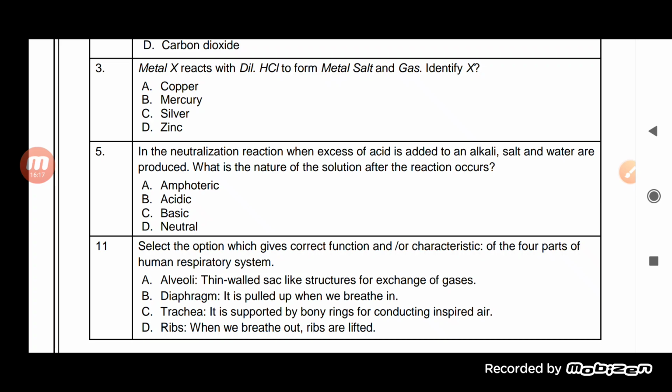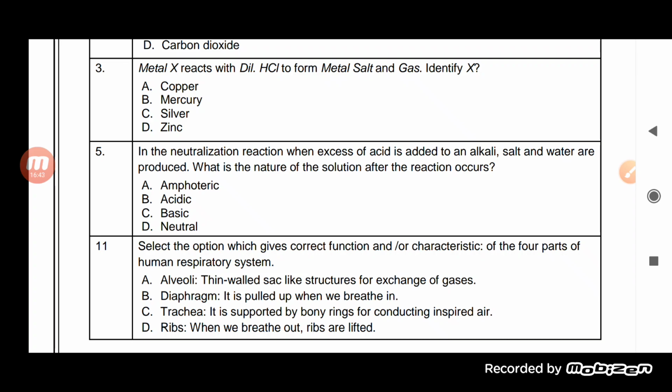You know, students, even in the neutralization reaction, we have seen that when a strong acid reacts with a weak base, there is a formation of an acidic salt. The reason is that strong acid is there, so it will show its acidity more as compared to the base.